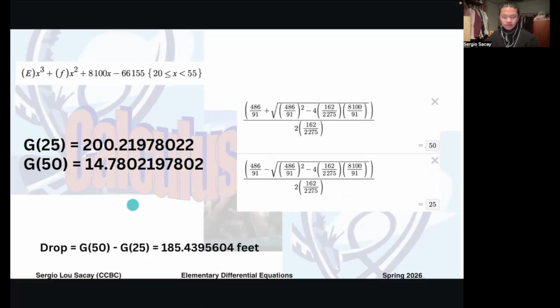And so now we see that at x equals 25, we have the maximum, and at x equals 50, we have the minimum for our cubic function. And then we actually want to find the drop. There should be a negative there. We find the drop, it should be negative 185 and decimals because it's down.